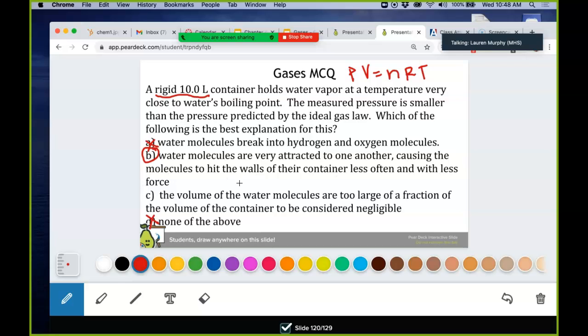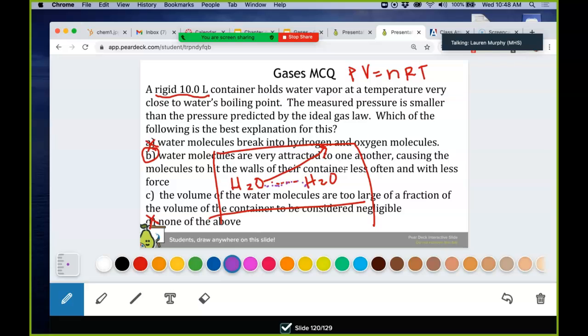So water molecules, and this is going to make even more sense when we get to the chapter on intermolecular forces, are very attracted to each other because they're very polar. So if I have this container and I have water molecules zipping around in here, well, if they like each other, instead of this water molecule zipping past and hitting the wall, it's being attracted to this guy and they're interacting with each other, meaning it doesn't hit the wall as often.